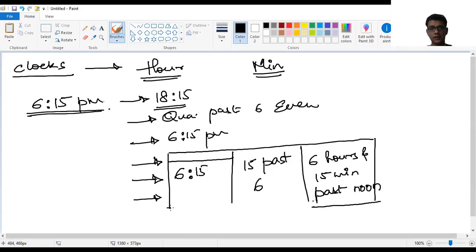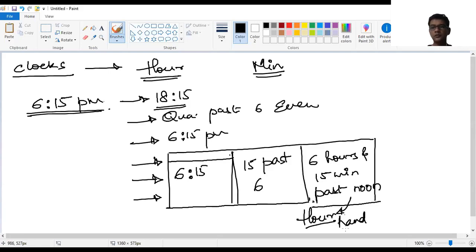But let's understand what these three signify. When I tell someone it's 6 hours and 15 minutes past noon, I am putting huge importance on the hour hand. I'm telling you the journey the hour hand has traveled after noon.